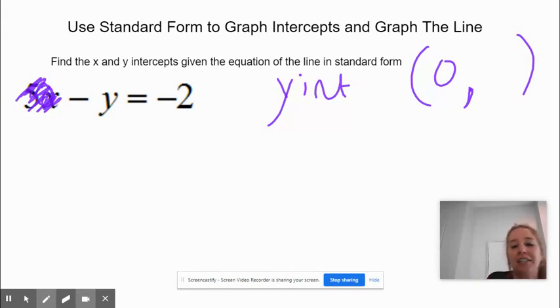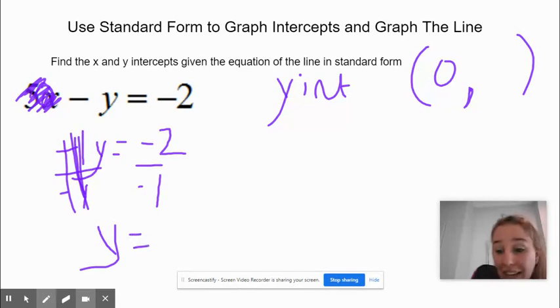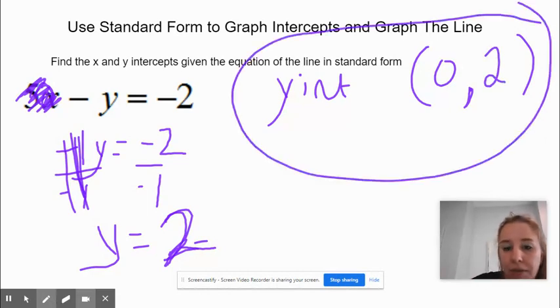If it makes you feel cozy, you could put that little negative 1 in there. Then we divide by negative 1 on both sides. And y equals, what is negative 2 divided by negative 1? Positive 2. That's a terrible 2. Terrible 2s, like my daughter. Okay, so y is 2. And that is your y-intercept.